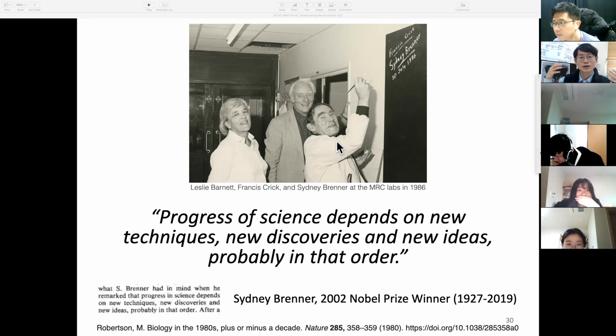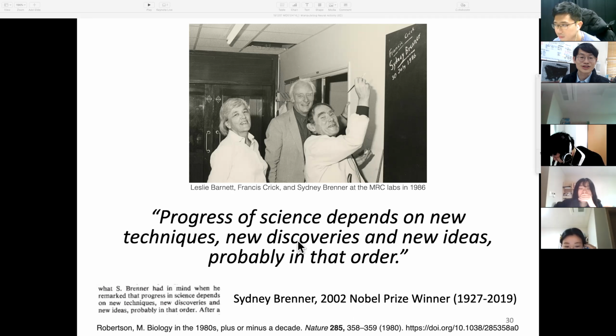So it becomes a very good tool for neuroscience. For that, he got the Nobel Prize in 2002. And this is what it said: progress of science depends on new techniques, new discoveries and new ideas, probably in that order. This is very cool, showing how neuroscience technology can contribute to understanding science.